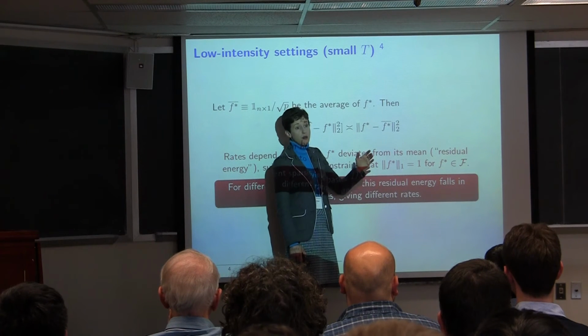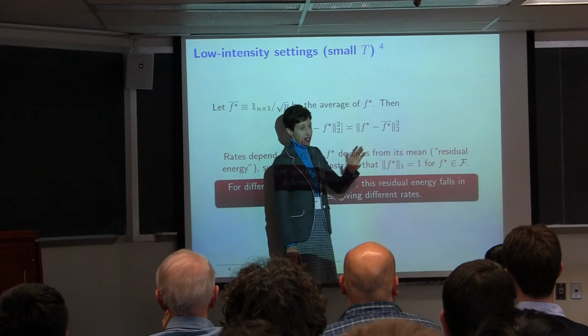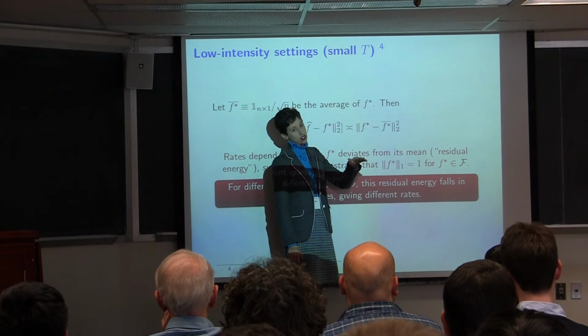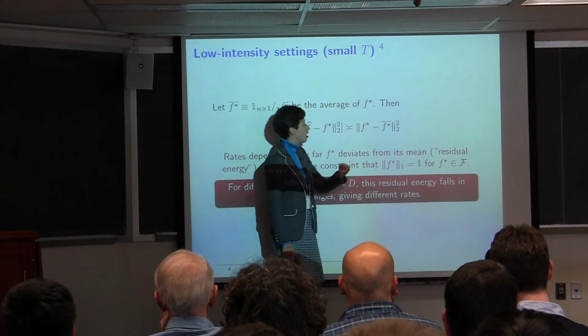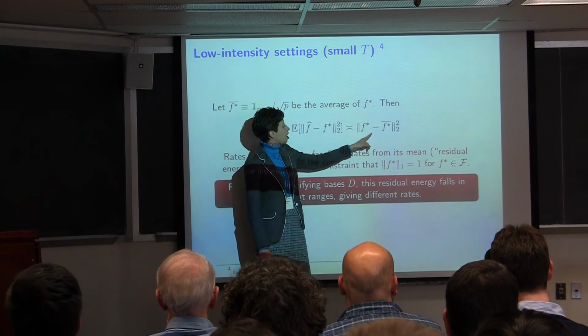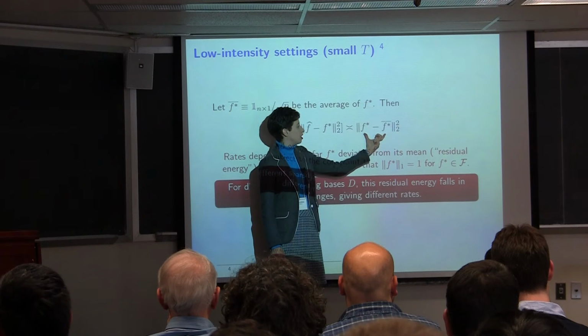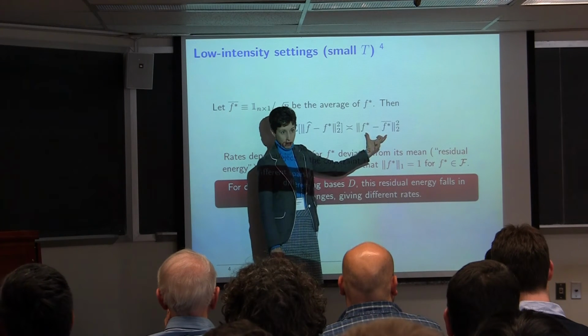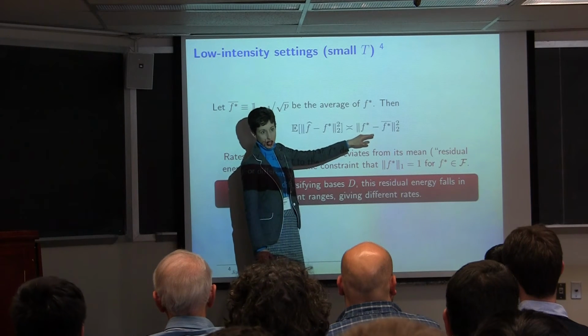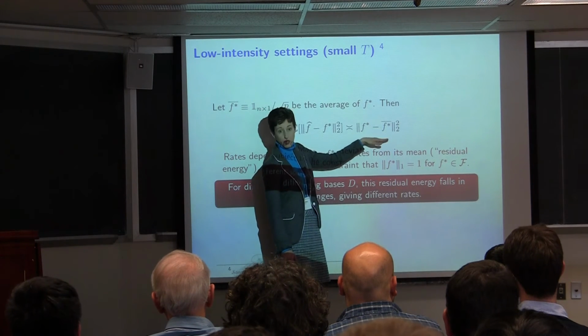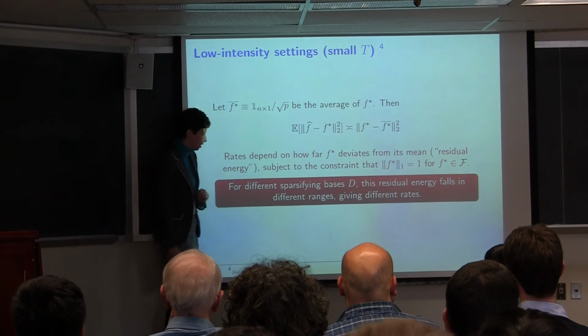At some point there's so much noise that all we can really estimate is the overall intensity of the signal and none of its fluctuations or variations. So we've got the signal f star minus its mean, and then we look at the difference, Euclidean norm squared. In the subsequent slides, I'm just going to call this residual energy. I'm taking my signal, looking at its residuals from its mean, and measuring the energy in that.